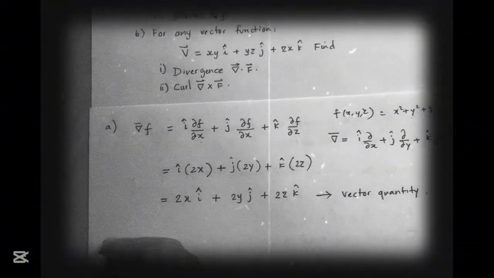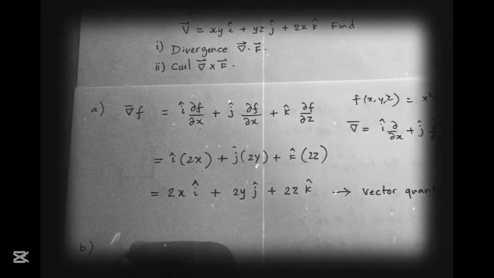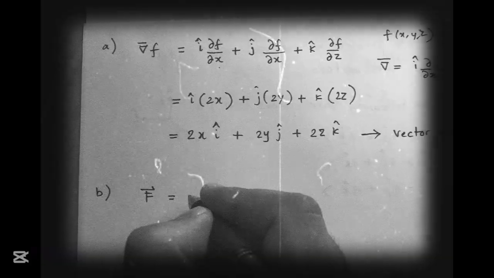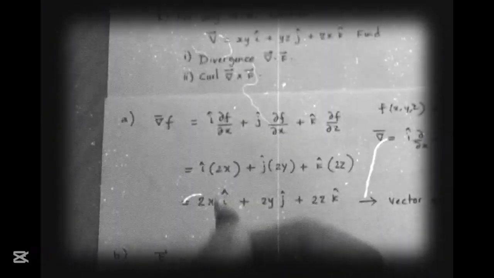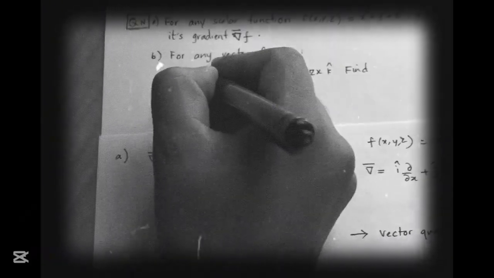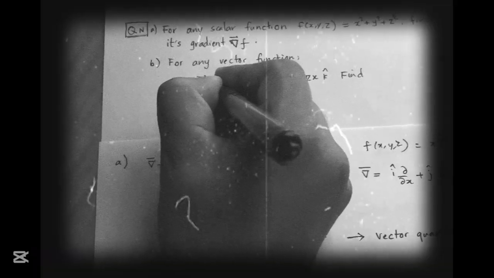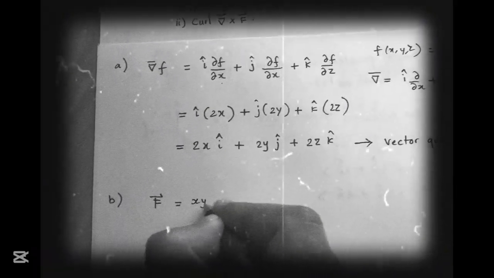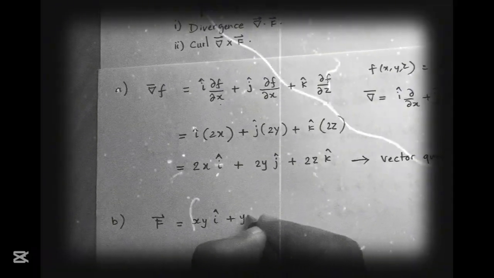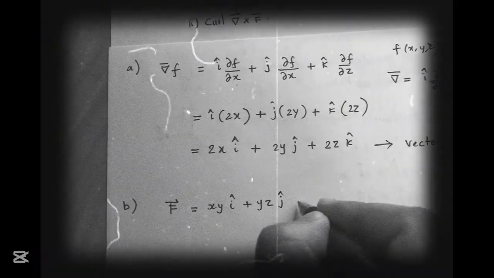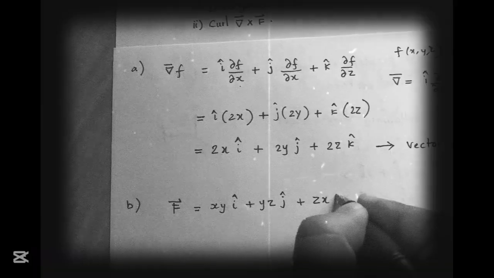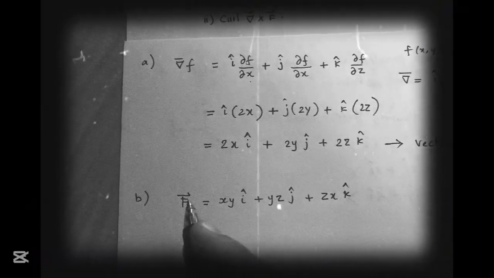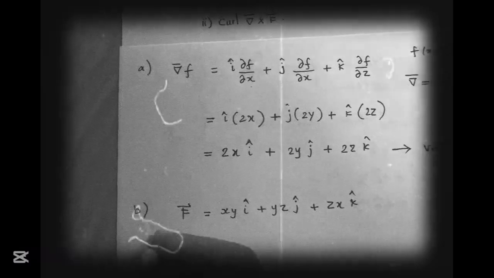Alright guys, let's now go to the second problem. In the second problem I have a vector function f. Actually it's denoted by v over here, but it's a typo, so this is f. So f is equal to xy i plus yz j plus zx k. Now I'm told to calculate the divergence of this function in the first question.